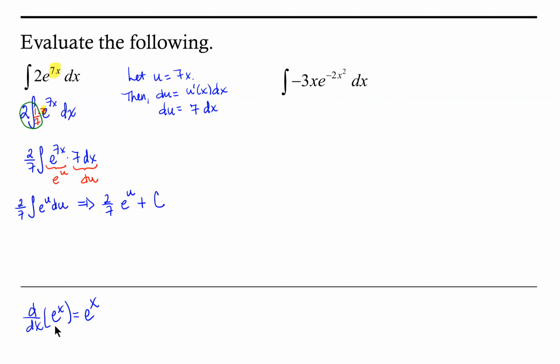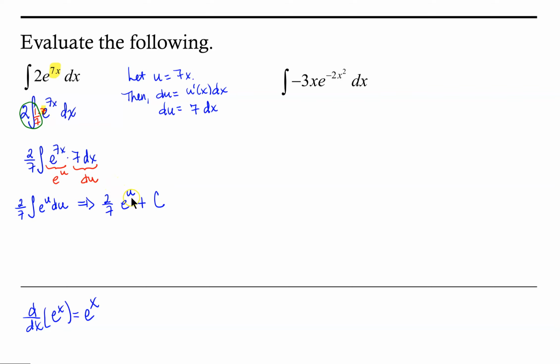Now we're not quite done. Our original integral was in terms of the variable x. Our answer here is in terms of the variable u. So we need to take this and rewrite it in terms of x.